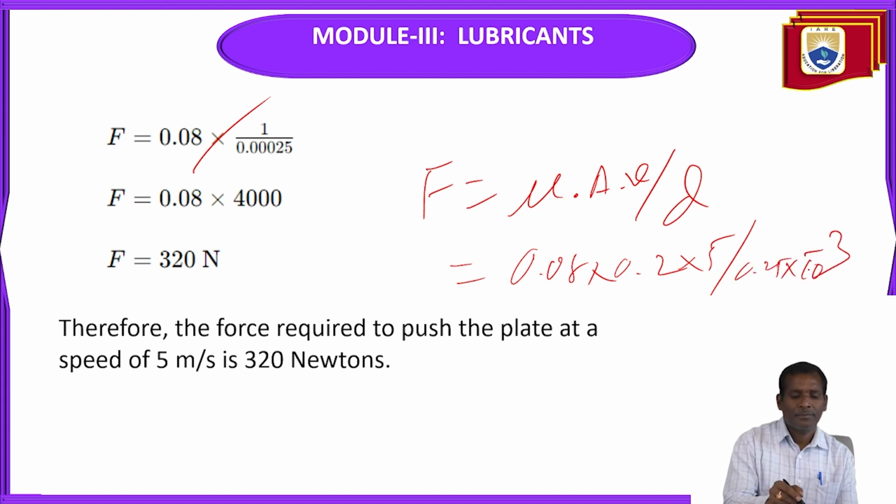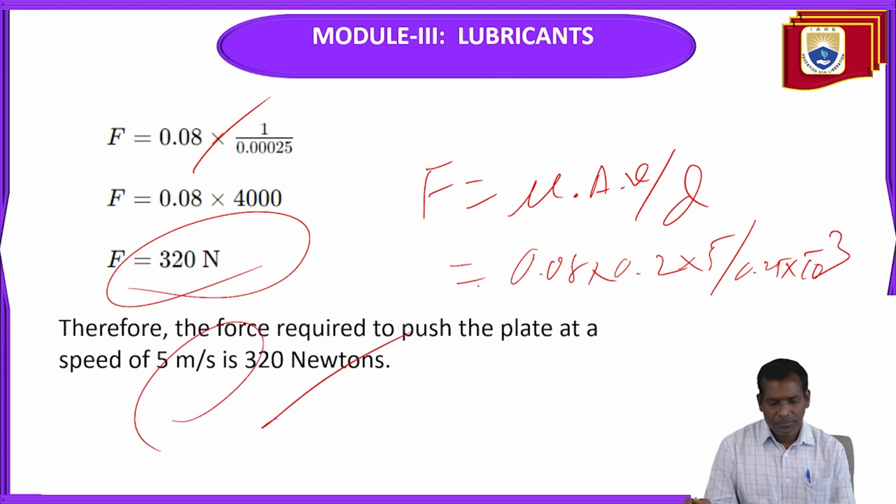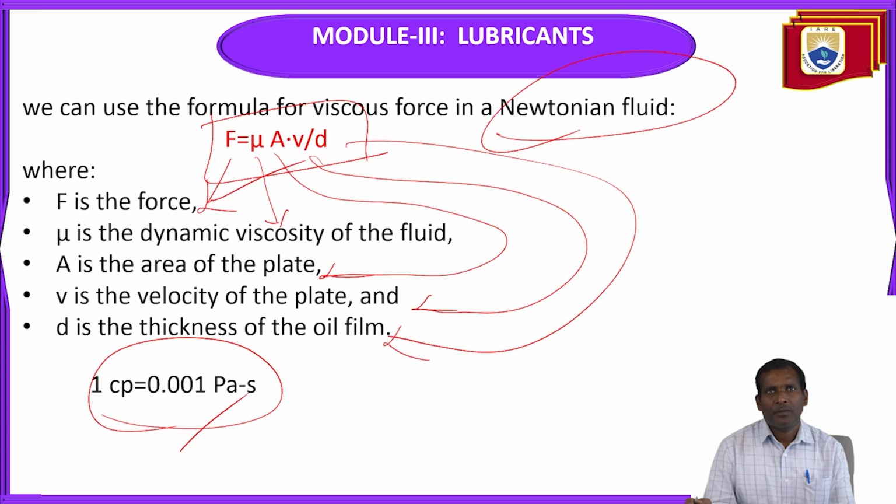So you will get 320 newtons. Therefore, the force required to push the plate at a speed of 5 meters per second is 320 newtons. Like this, you have to do this problem. The only thing you have to remember is that the viscous force in a Newtonian fluid is F is equal to mu A V upon D.